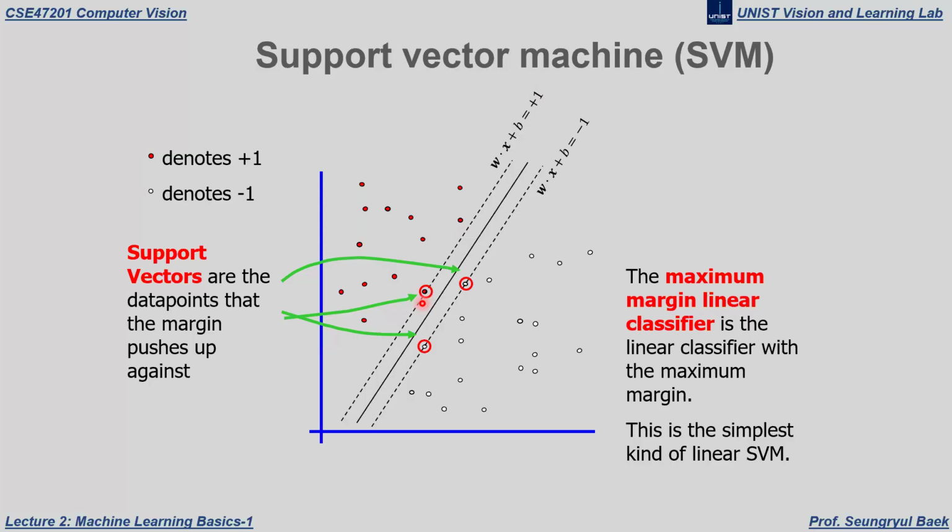Those samples you are seeing pointed by these green arrows are the samples closest to each other. So this sample is close to the white samples.